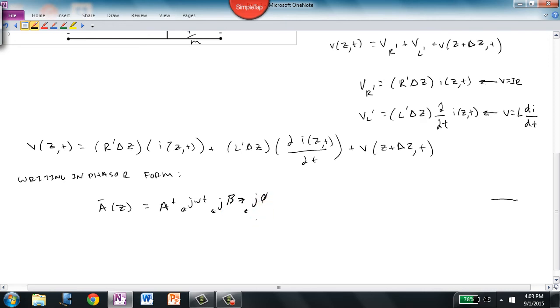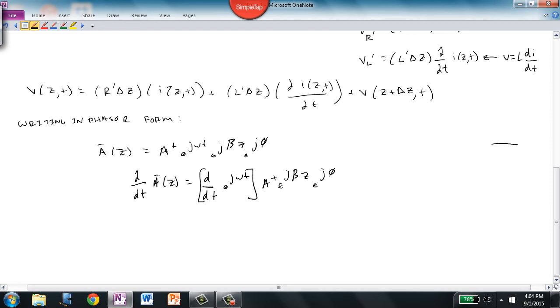And we showed a neat trick that if we take the partial derivative with respect to time of that phasor, A of z, we just take the derivative d dt of e to the j omega t, and then we multiply it by A plus e to the j beta z e to the j phi.